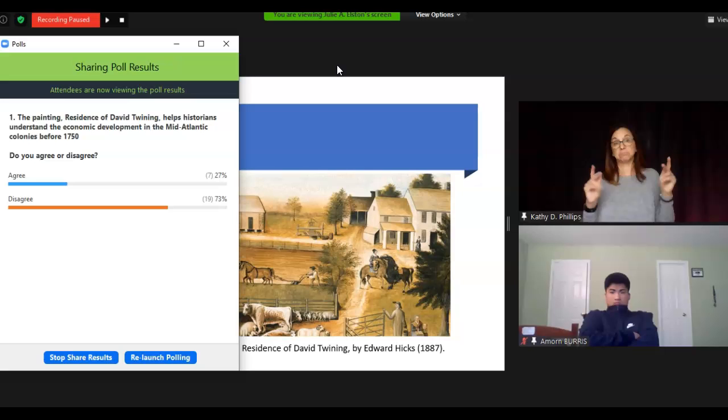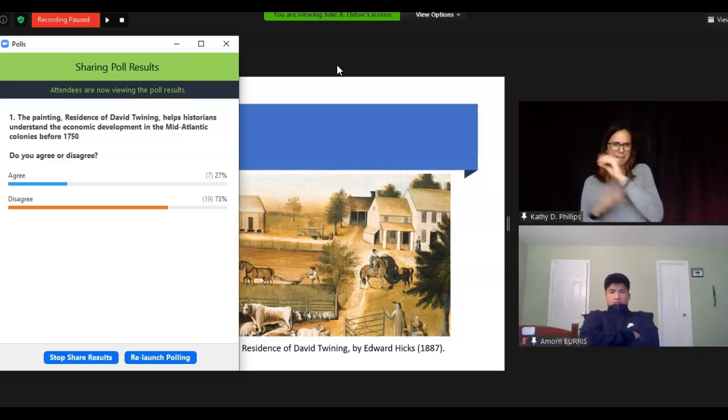Okay, let me ask it this way. Is this painting a primary or a secondary source? Secondary. Secondary, okay. And the reason we know it's not primary is because of what Michael told us, right? That the artist could not have been an eyewitness to this period in history because of the large time gap, right?